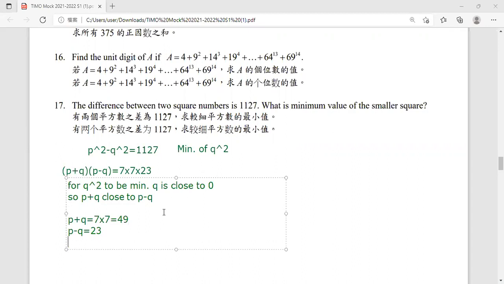Then we find Q, which is 49 minus 23, divided by 2, which is 13. Then the minimum Q squared equals 169. It's just that. So the answer is 169.